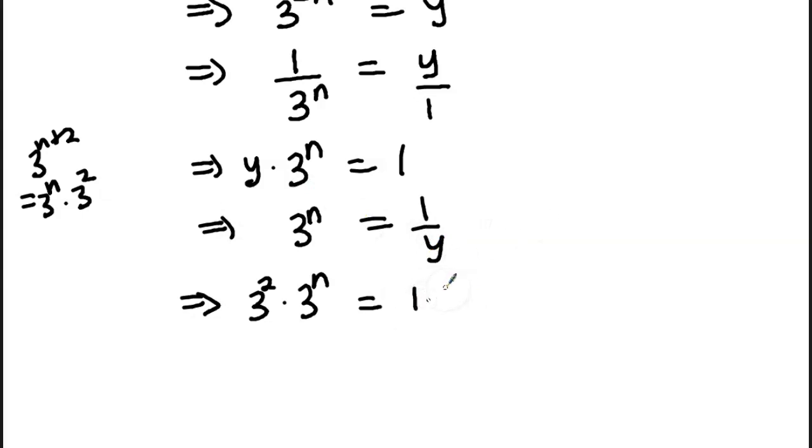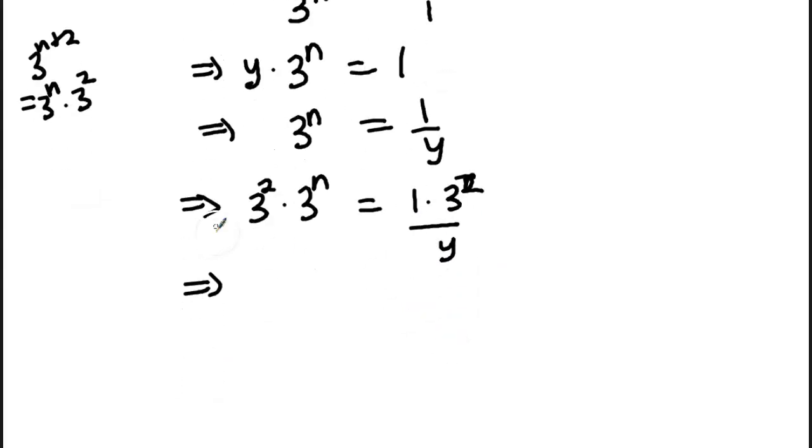So 1 times 3 raised to the power 2 over y. And according to indices, the bases are the same. They are multiplying. We have 3 raised to the power n plus 2, which is equal to 3 raised to the power 2, which is 9 over y. So that is the answer.